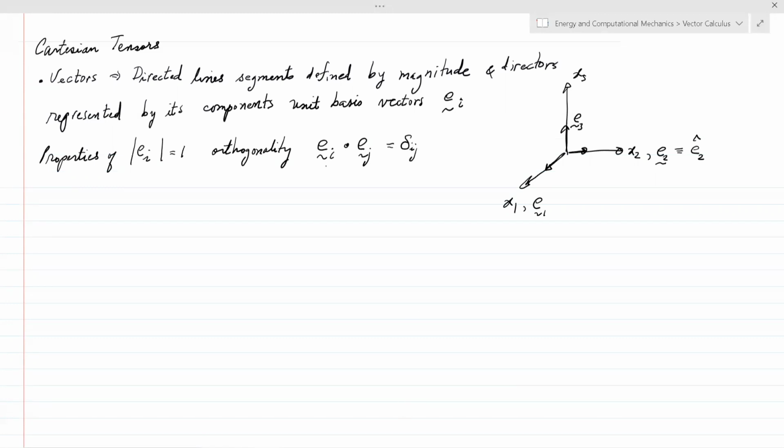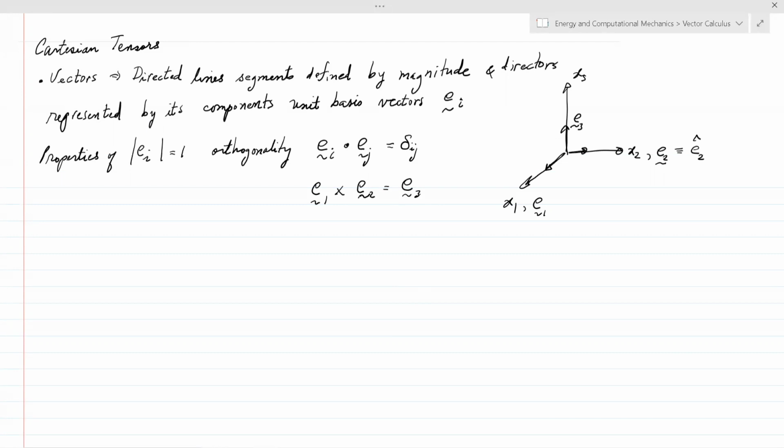Meaning, if it's E1 and E2, then this should be 0 because E1 dotted with E2 is 90 degrees apart. But if I have E1 dotted with E1, I should get a unit vector. We also have the fact that if I take 2 vectors and find the cross product, I should get the third unit vector. So those are the properties of these basis vectors.